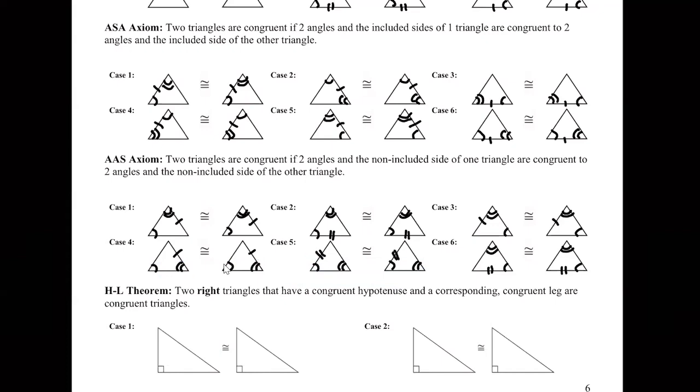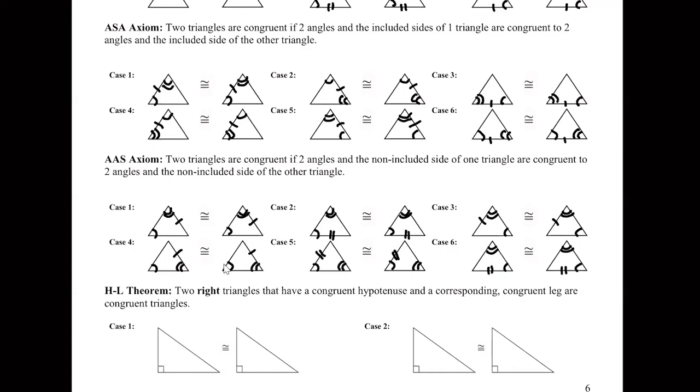Okay. Now, if it happens that the pair of sides that are congruent are between the two angles, that doesn't mean the triangles aren't congruent. You just can't say they're congruent by the AAS axiom. They would be congruent by the ASA axiom. All right. So they're congruent. It's just a matter of why they're congruent.